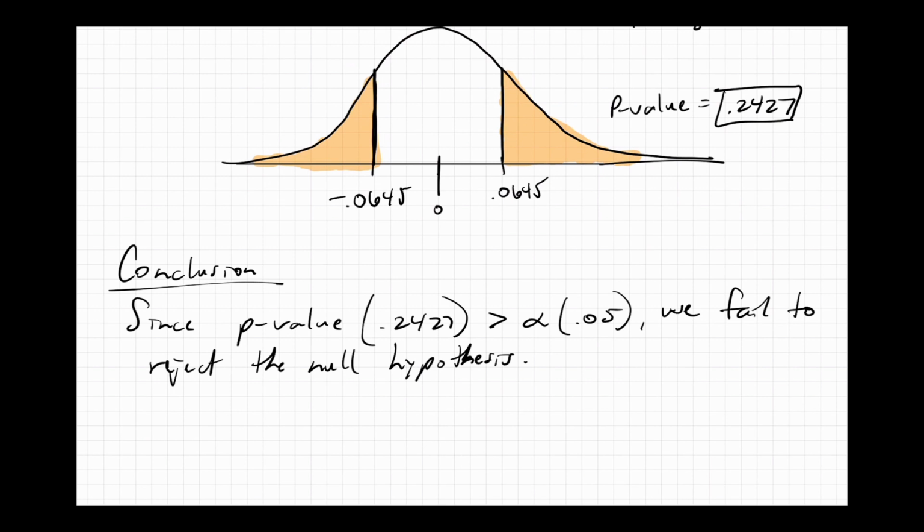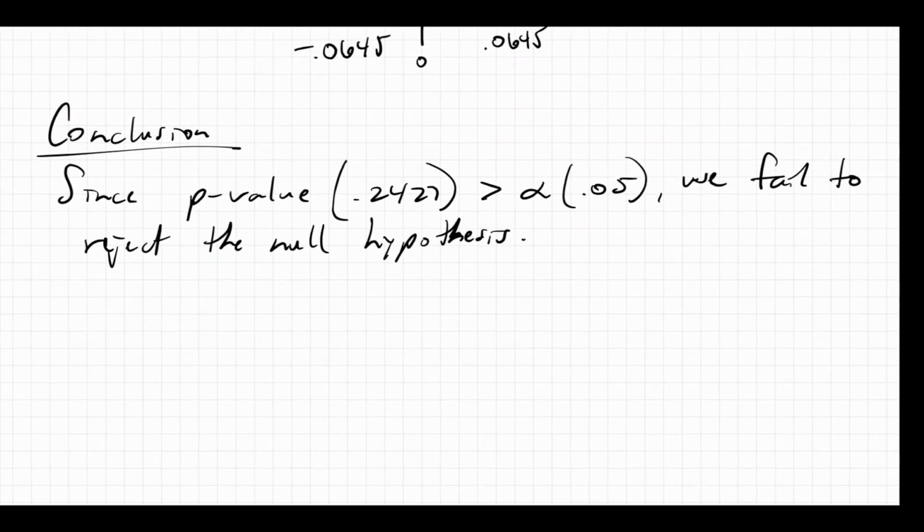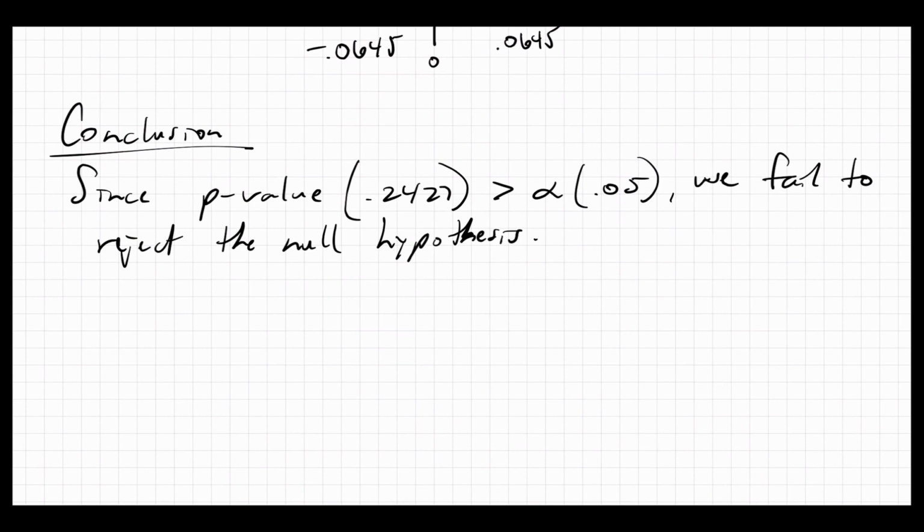Means we can't say that they're not different. Kind of sounds weird when I say that, but that's essentially what it is. The null hypothesis is that they're the same. There's no difference. We can't reject that. So we don't have enough information.